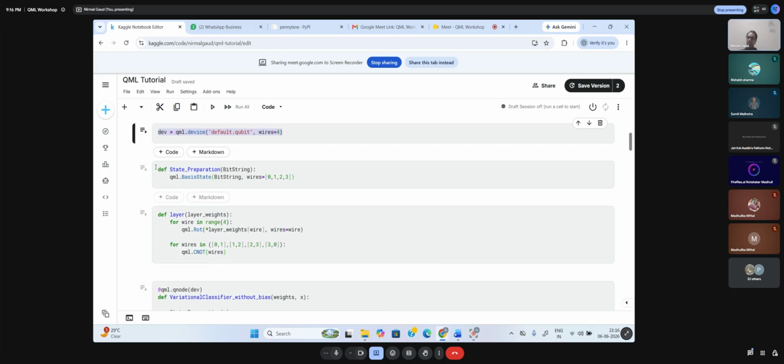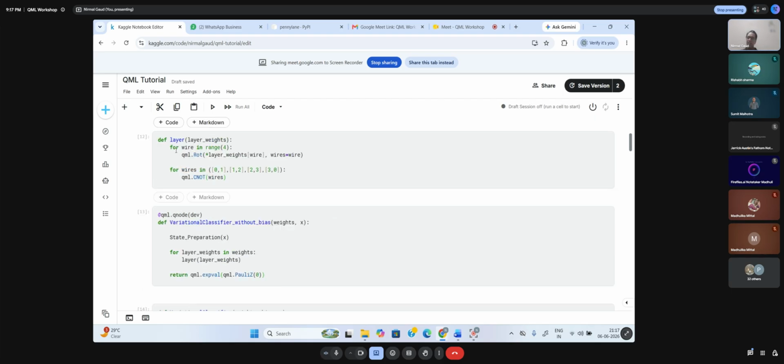Then state preparation. Like states zero, one, two, three. These are the states we are going to give into the wires. Define the layers. How many layers are there? We need to take a rotation function and a CNOT function in combination. Four layers are being defined here, for wire in range four. Four wires are there.